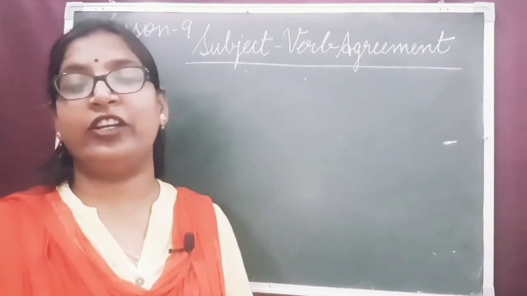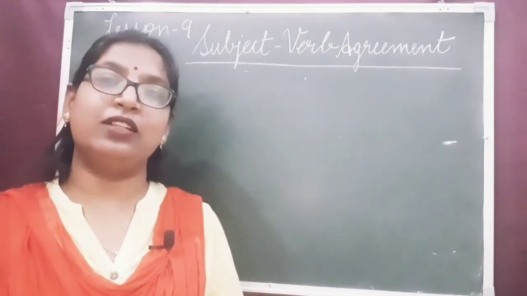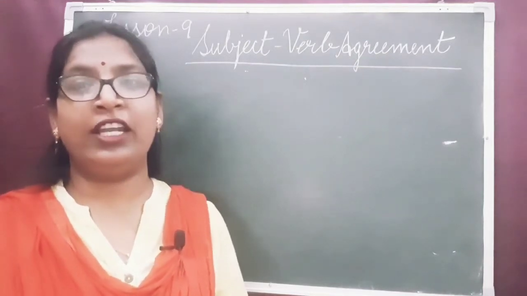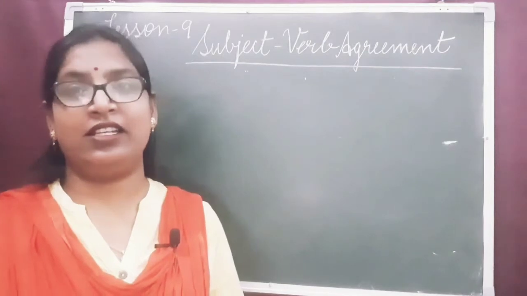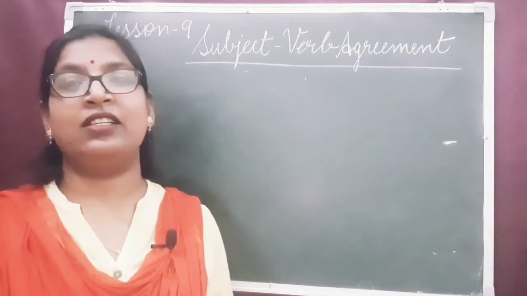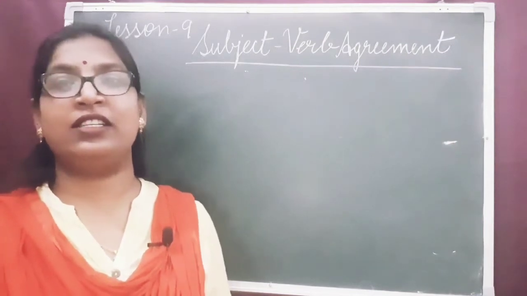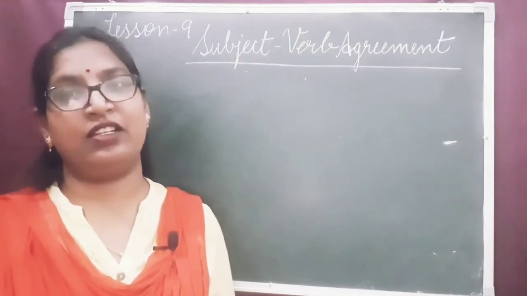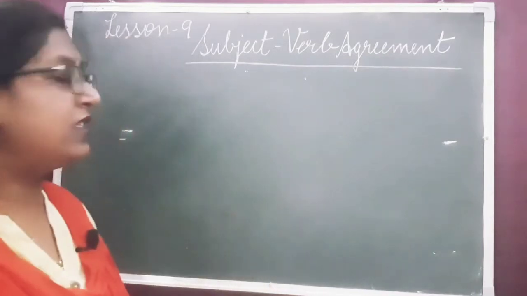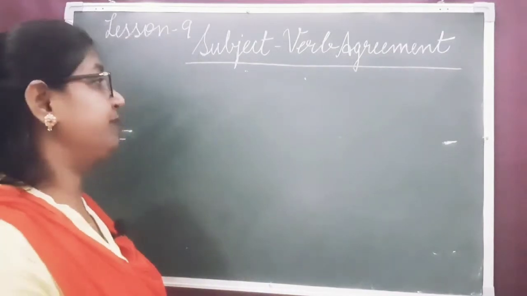What is the meaning of agreement? Agreement means agreeing two elements in a sentence. When two elements in a sentence, two parts of the sentence agree with each other, that is called agreement. Now, let us see this example.